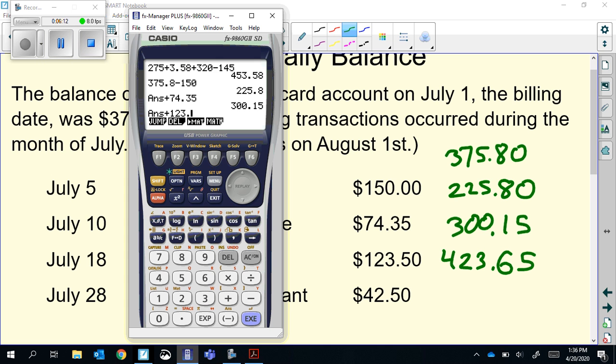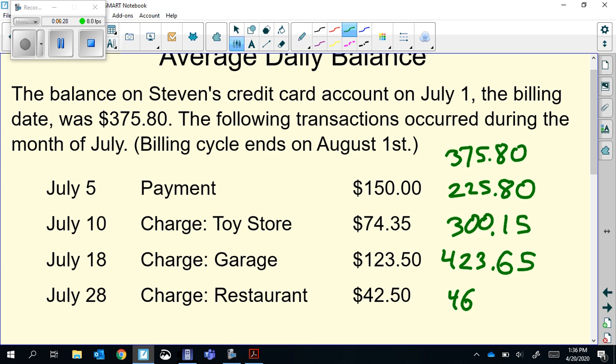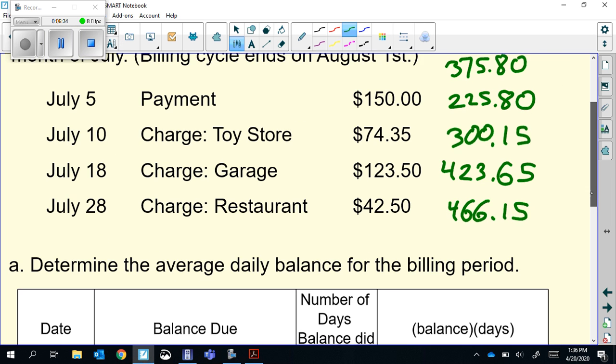I'll add that on. And then another charge of $42.50, which gives $466.15. So those are the balances after each of those things.